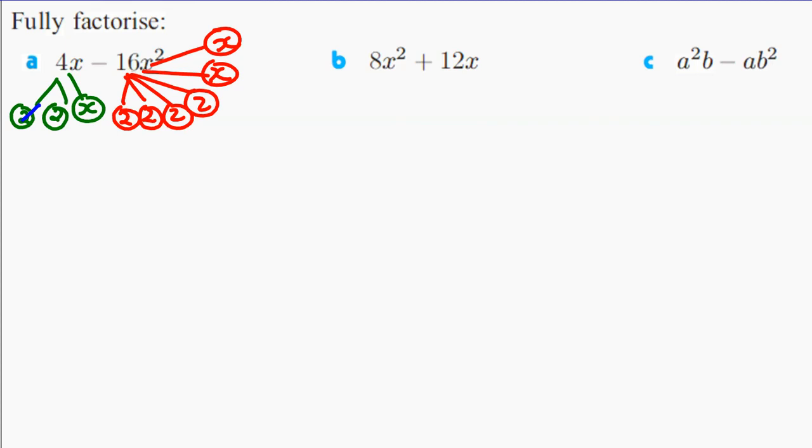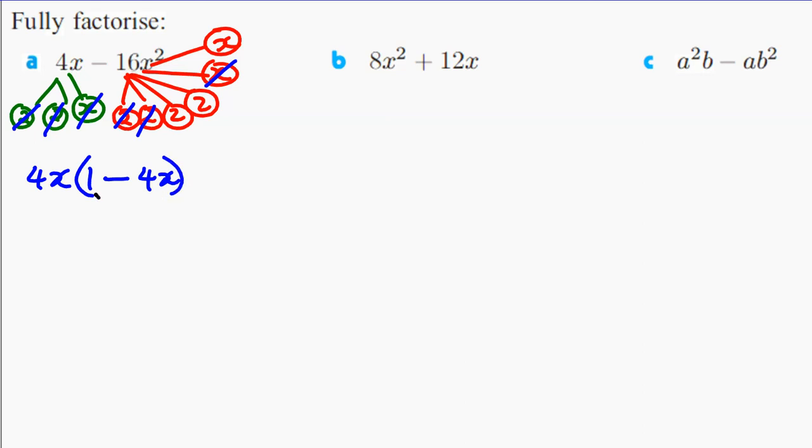What's common? We have 2, 2, 2, and x as well. So everything on the left is common. What you're going to do here is write 4x, and then I'll write 1. I'll explain why. Minus, on the right we have 4x.